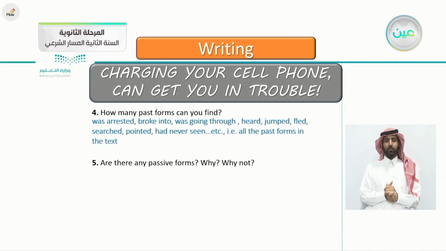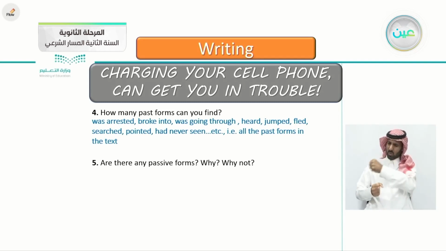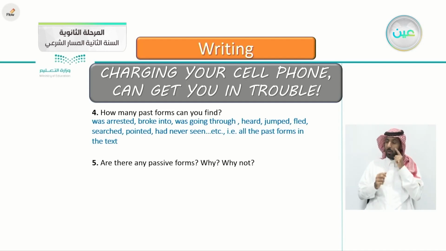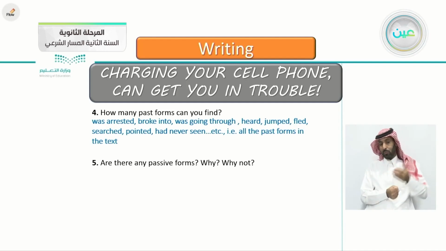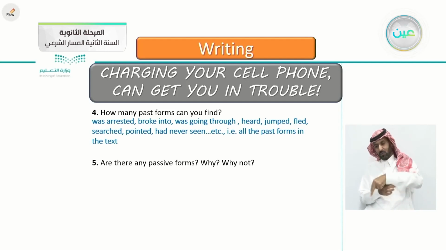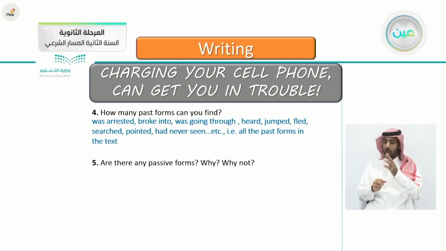It's very easy here, like was arrested, broke into, was going through, heard, jumped, fled, searched, pointed, had never seen, etc. The text is filled with past forms. You can find them easily.